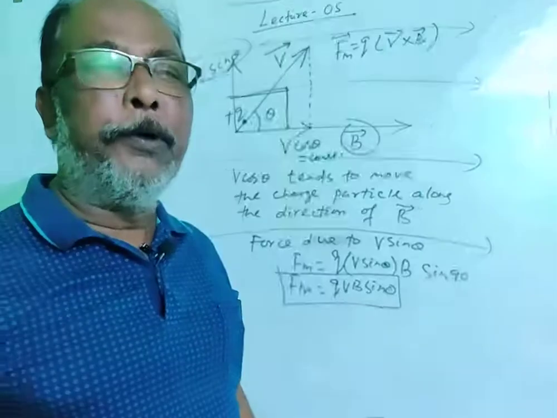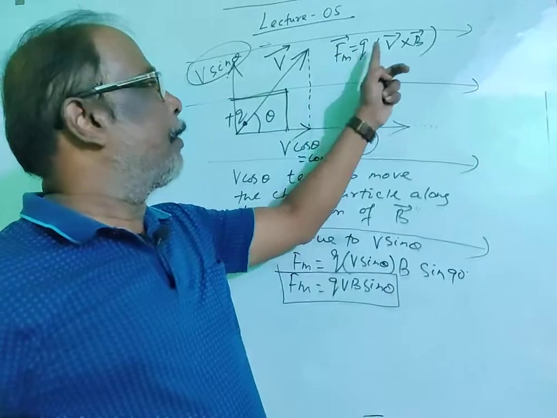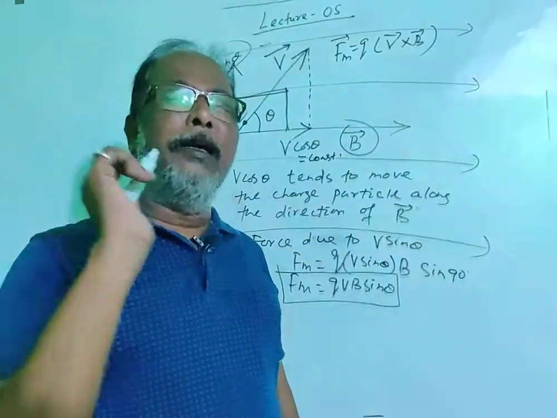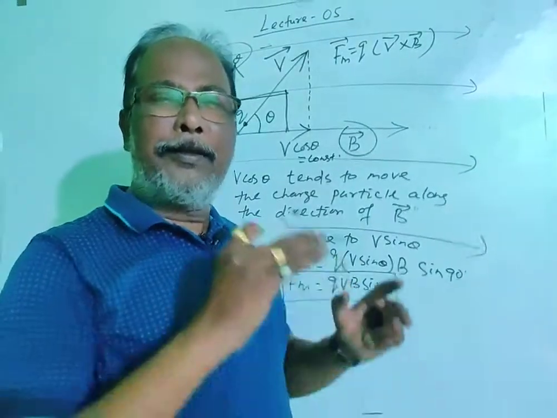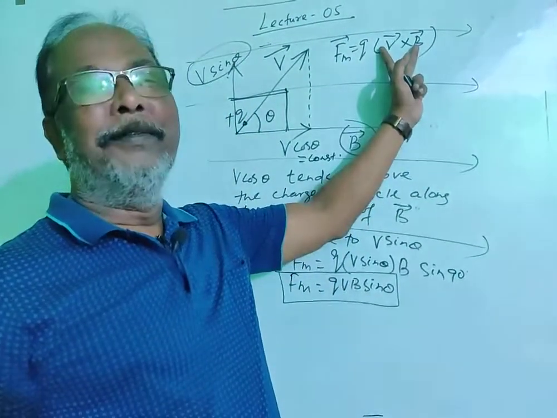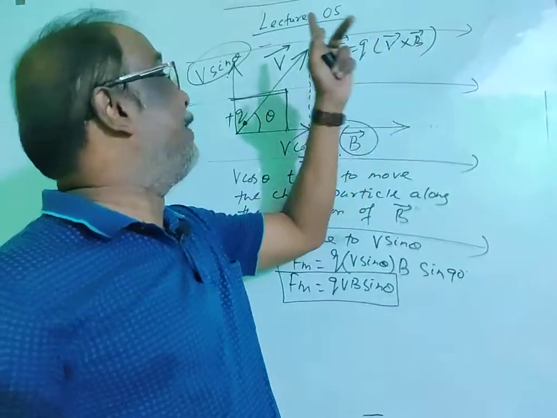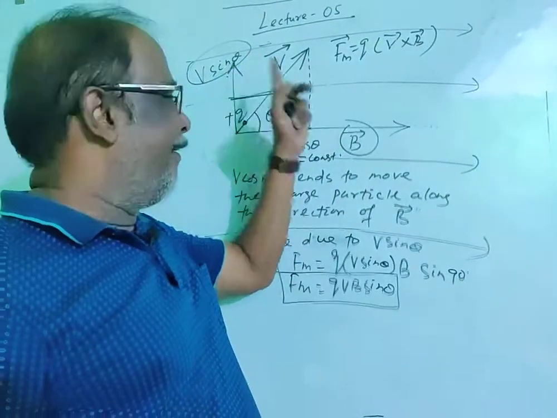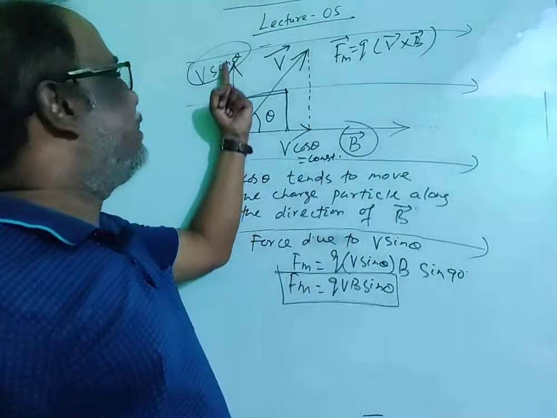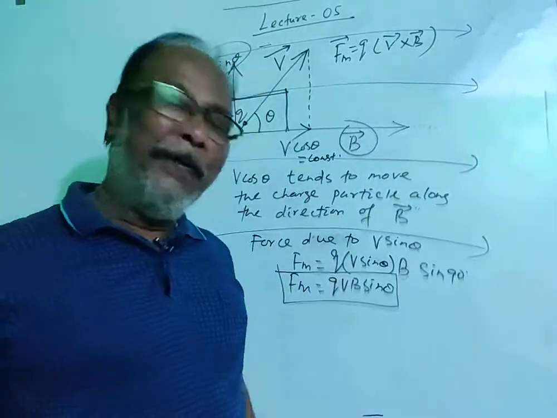As we know, in general, magnetic force is given as q into v cross B. So the direction of force is perpendicular to v and B, means the direction of magnetic force is along the direction of v cross B. But here v is v sin theta and B is the magnetic field along the x-axis. Let v sin theta be along the y-axis.